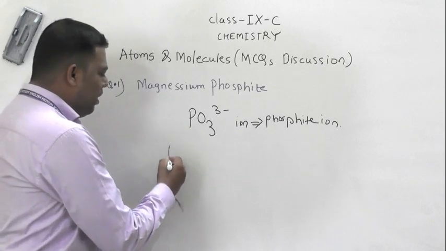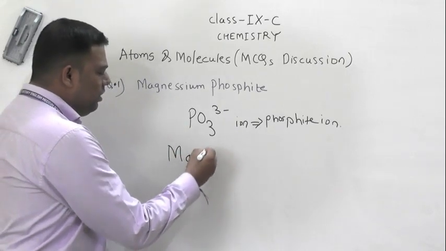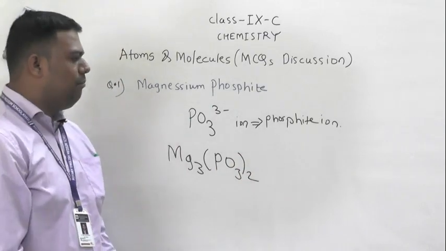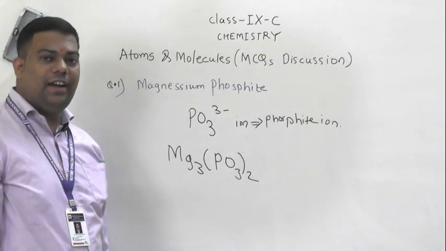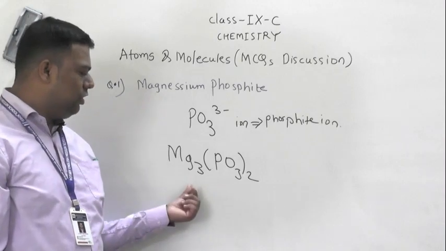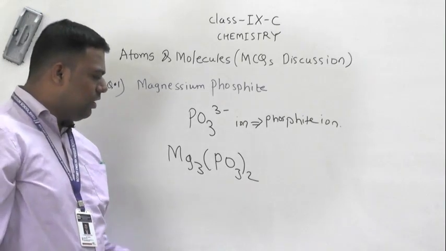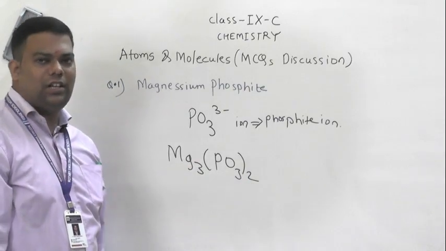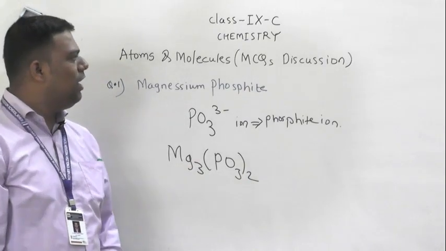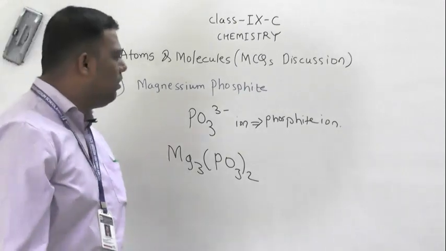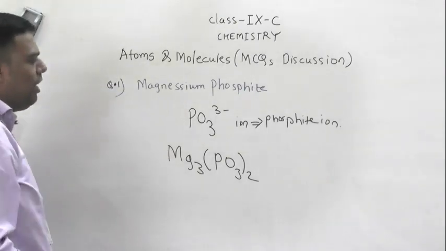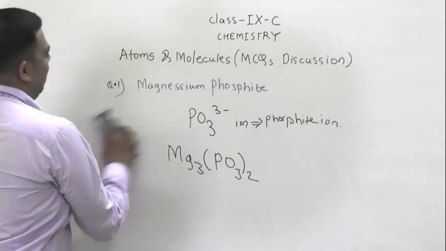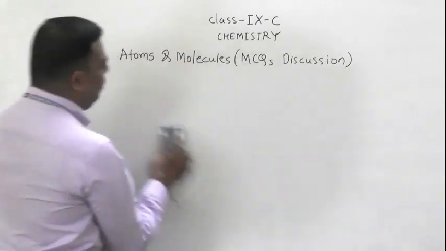Yes, your option becomes D. That is Mg3(PO3)2 is your magnesium phosphite. Okay, Mg3(PO3)2. So see, PO3 here is 3 minus and Mg is 2 plus. Understood? So it is basically the chemical formula of magnesium phosphite.